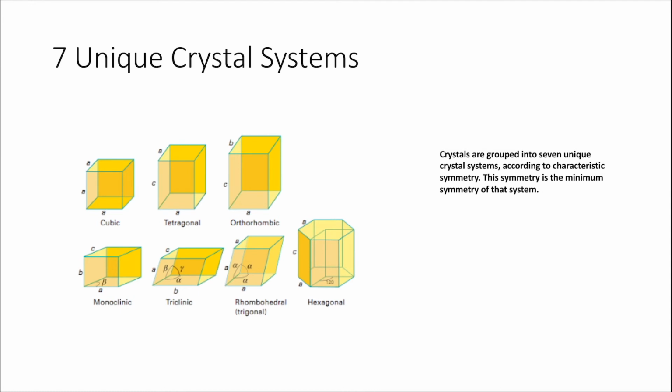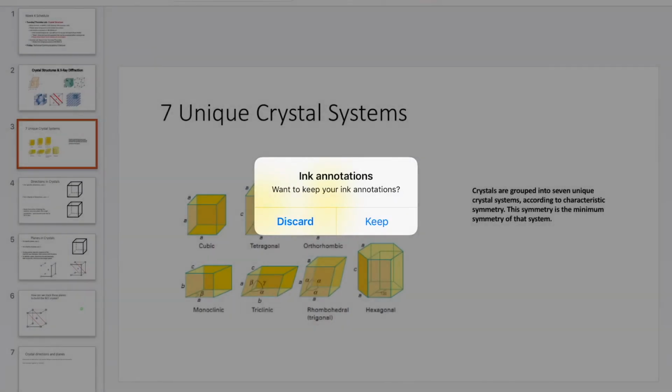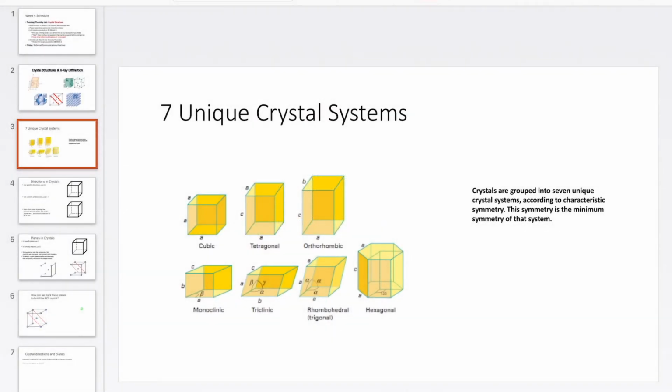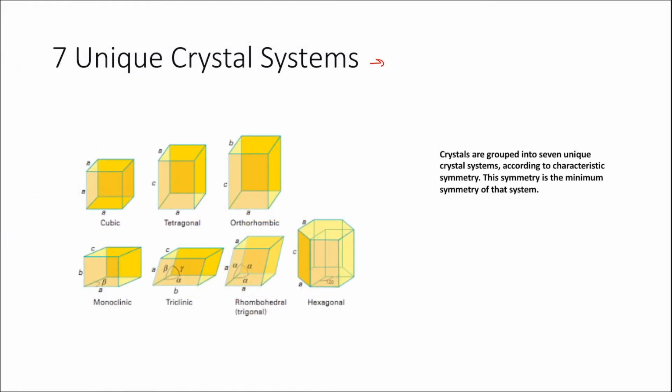And again, these systems are classified by their symmetry operations. However, within each crystal system, you may have also heard that there are different types of crystal structures. These are called Bravais lattices.